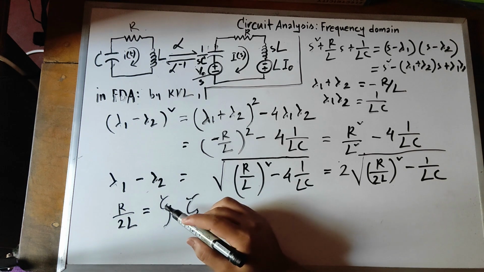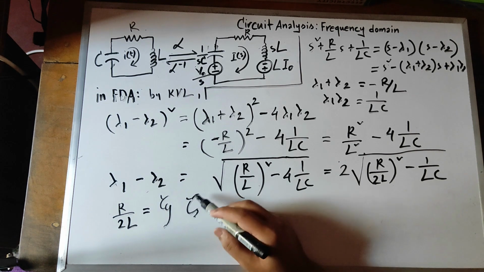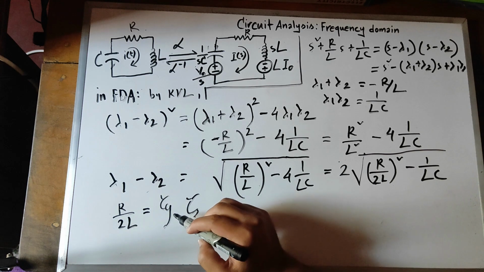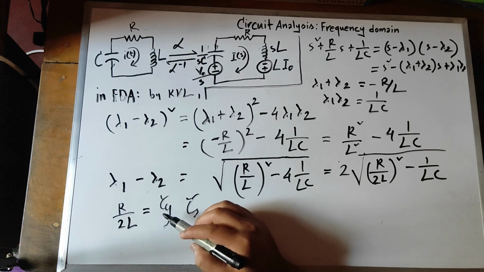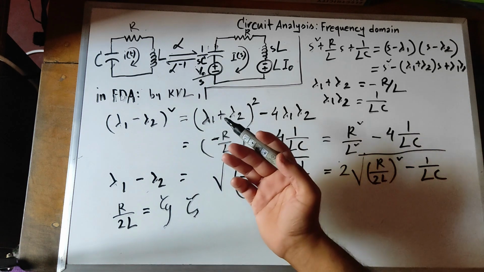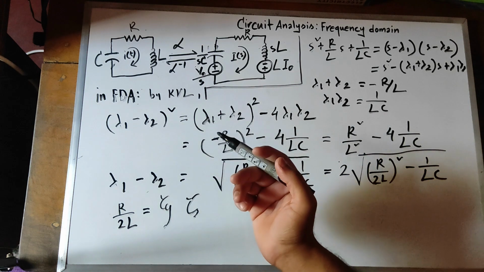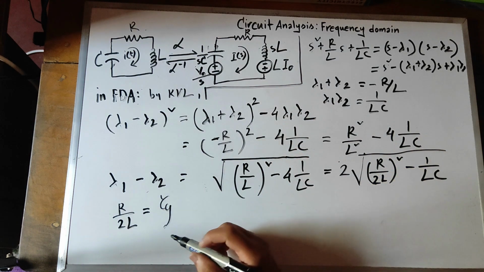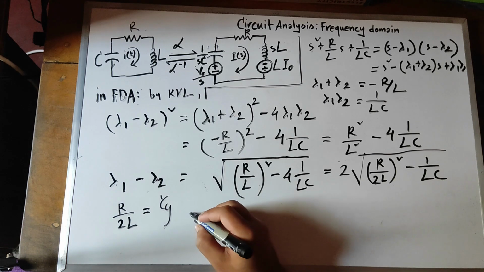I like writing this symbol rather than the exact zeta symbol, so I'm gonna use this psi for the rest of my videos where I'm dealing with damping factors. Say psi is the damping factor R by 2L.